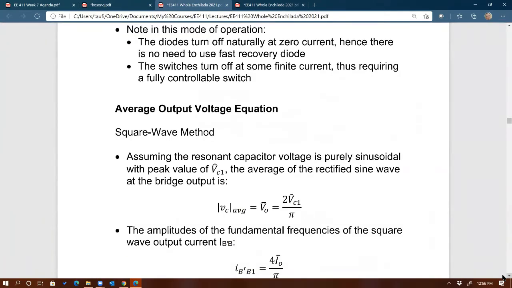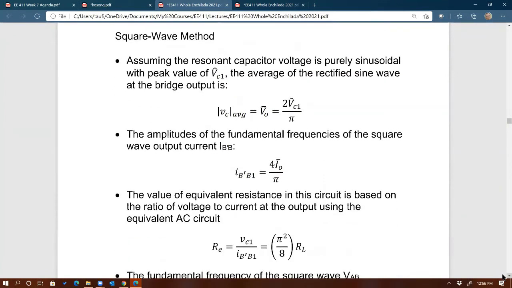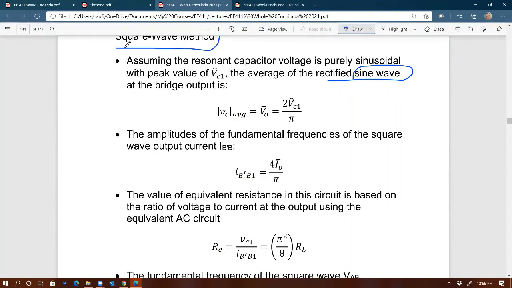Average output equation, same as SLR. We are using the sine wave approach, the sine wave method from a square wave. I call it the square wave method because the input is going to be flipping back and forth between plus VD over 2 and minus VD over 2, and the output is going to be either plus or minus I out.